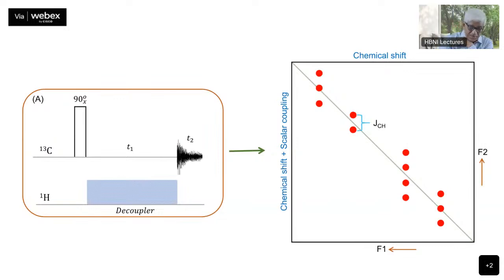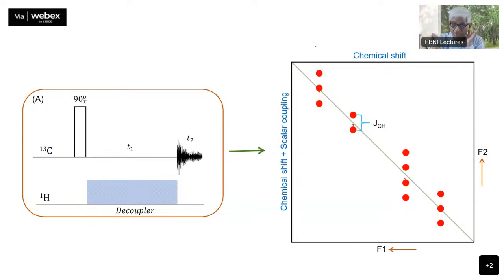So during the t1 period, I decouple, but in the t2 period, I have both: chemical shift as well as the coupling. Therefore, that whole pattern gets rotated. The chemical shift is at this point, but the coupling will now appear along the F2 axis. For the F2 axis, I have the coupling. For the F1 axis, I don't have the coupling.